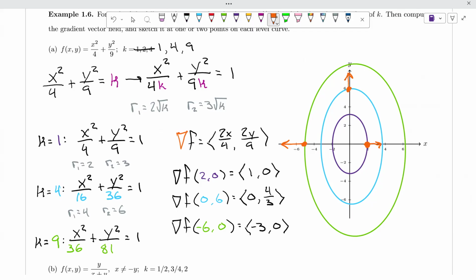Also, each of these level curves should be coming up the z-axis since k is increasing each time. So that green ellipse, that green level curve would be the one closest to us if we're looking from the top down, and then blue and then purple as they're sort of honing in on their center of 0, 0.